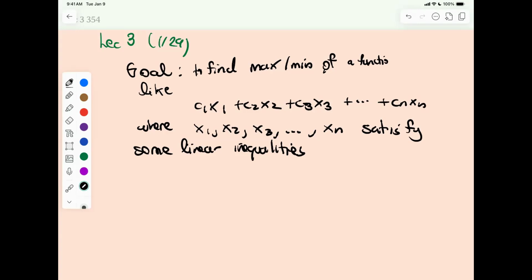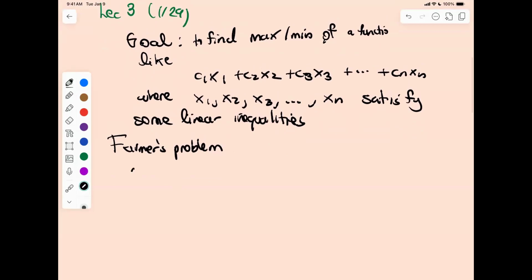Okay, so when you have, for example, in the farmer's problem, we had 0 less or equal to x1, 0 less or equal to x2, then x1 less or equal to 3000, x2 less or equal to 4000, and we had x1 plus x2 less or equal to 5000.